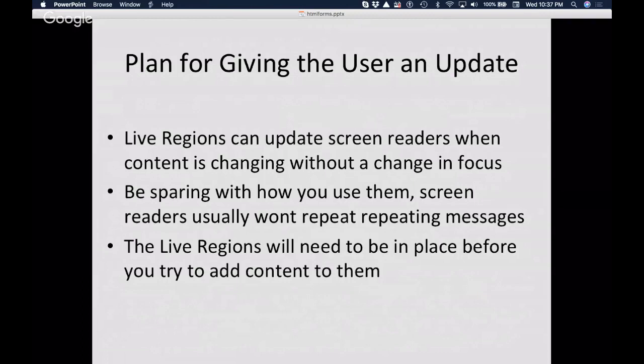As I mentioned, being sparse with how we use these things is usually best. You wouldn't want somebody just rattling on in your ear continuously, repeating messages. The screen reader may stop and won't repeat messages. So if you say the same thing multiple times, because something's loading again and again and again, it's likely that it's just not going to make its way through to the user.